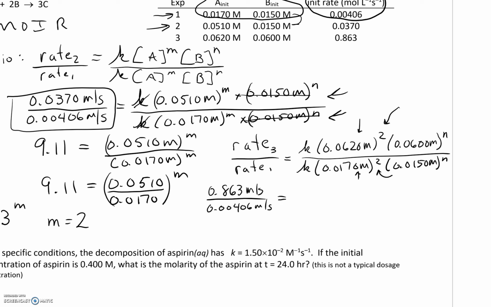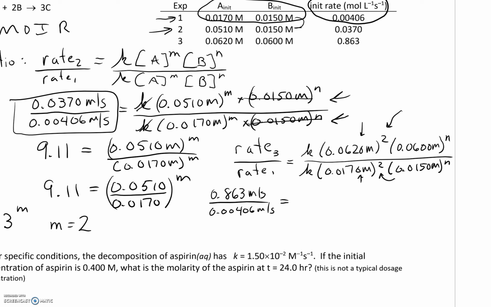We've got the ratio of the rates, which is equal to 212.6. And that's going to be equal to the simplification of the A squared terms, which works out to be 13.3, times the simplification of the B terms, which works out to be 4 to the n. 4 to the n is then equal to the 212.6 divided by 13.3, which works out to be 16.0.